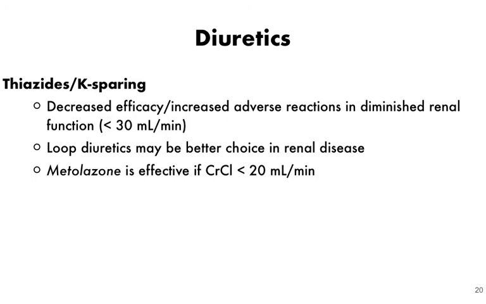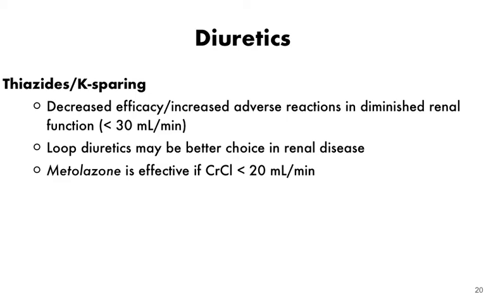The diuretics work with the mechanisms of the kidney's natural function. And so if we have patients whose kidney function is diminished, most of the diuretics are not a good choice. So patients who have kidney dysfunction or creatinine clearance below 30 mL per minute, typically we stay away from diuretics.